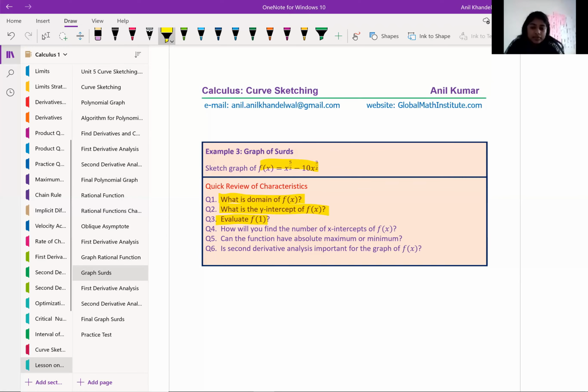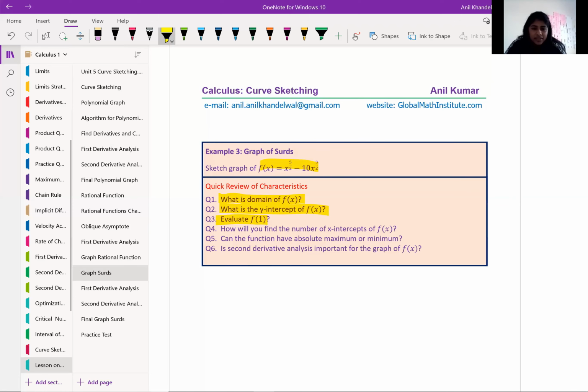Now, question number 4 here is, how will you find the number of x-intercepts of f of x? So you make y equal to 0 and then solve. How will you solve? Factor.